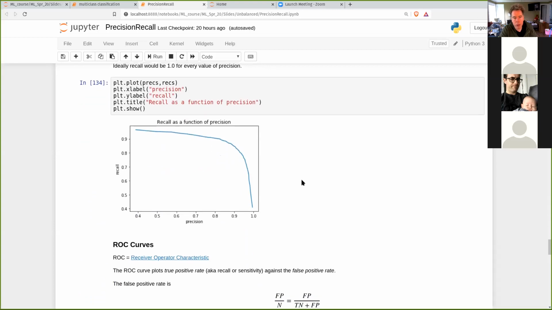These graphs are kind of interesting because in an ideal world, for any precision score, the recall would be 1. If you had a perfect classifier, then for any level of precision, the recall would just be 1. And this curve would look like the upper right-hand corner of this plot, and then the area under this curve would be as big as possible.